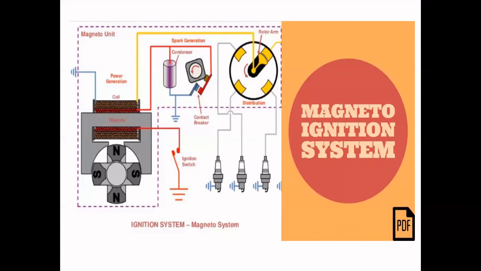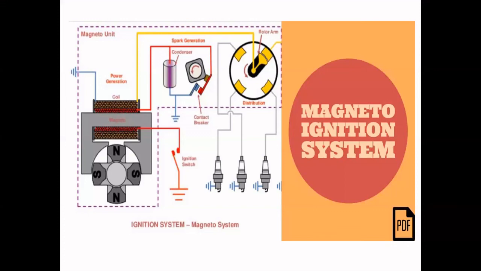Now we have seen two kinds of ignition systems: the battery ignition system and the magneto ignition system. We have seen the advantages associated with the battery ignition system and with the magneto ignition system, and the disadvantages associated with both.